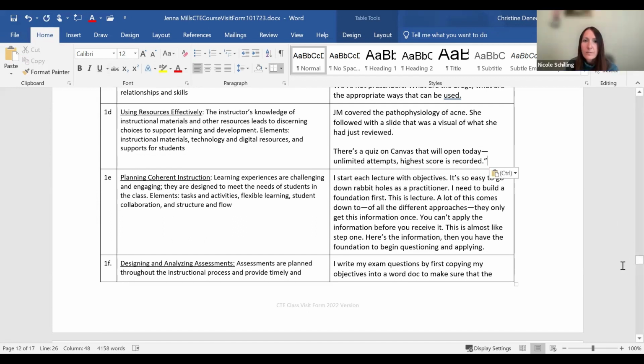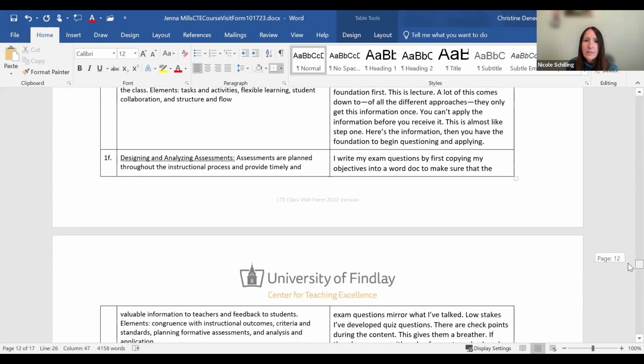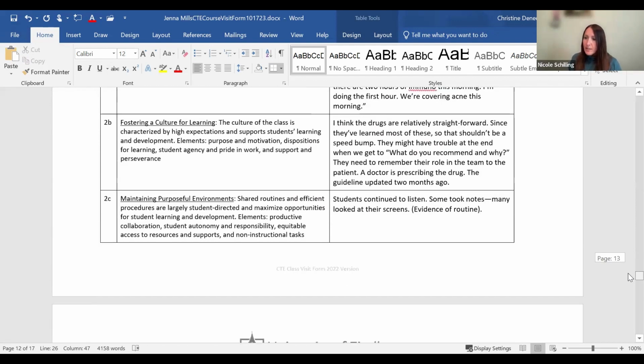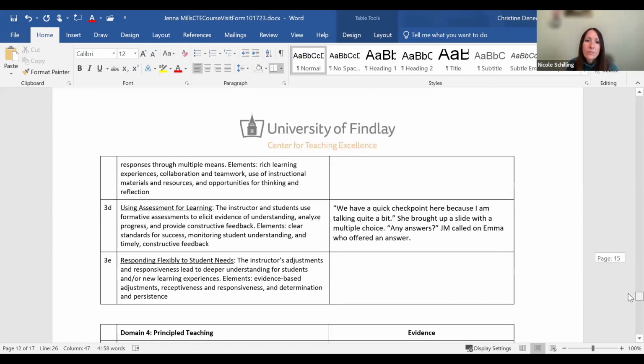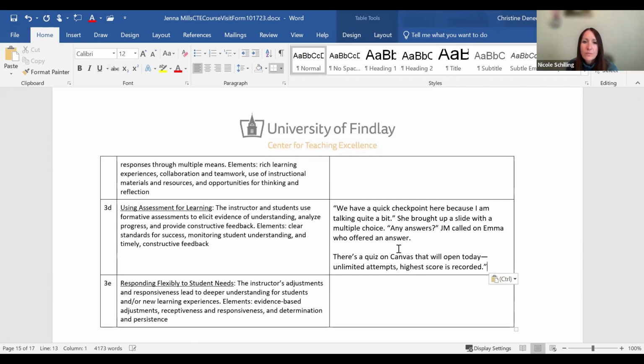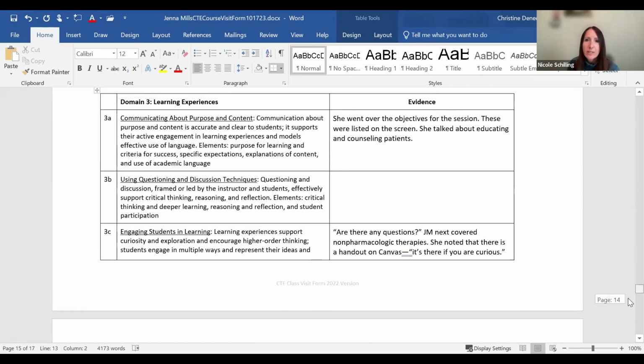And it speaks to the technology piece as well, because she's using Canvas. And it's okay to have it in multiple places as we're doing this. Sometimes you will have that piece of evidence in multiple places.